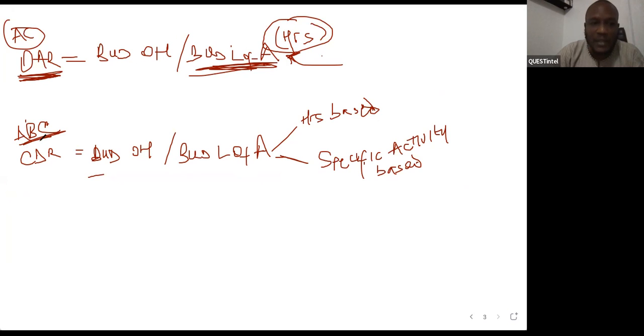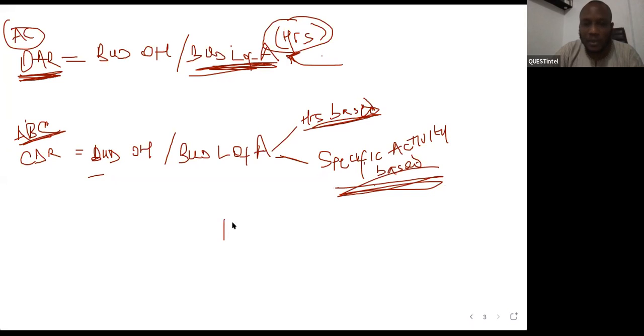On the other hand, with activity-based costing, we're going to distinguish between those activities that are hours driven, so that are time driven, and those activities that are driven by a specific activity.